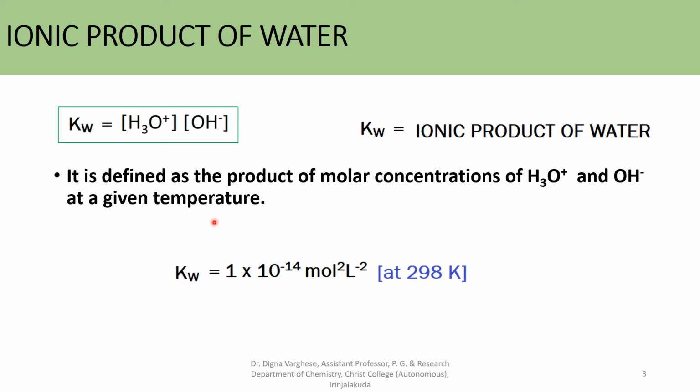That is very important, because Kw has the value 1 x 10^-14 M^2 at 298 Kelvin. If it is a different temperature from 298 Kelvin, the value will also be different.